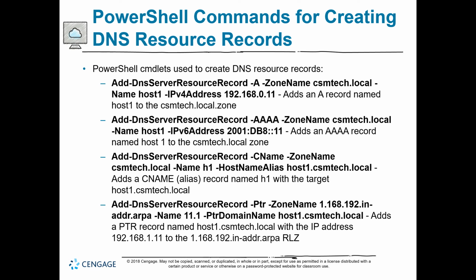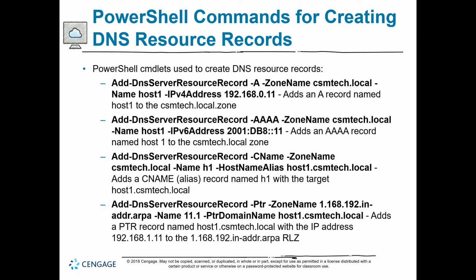Now the second one is adding a quadruple A record for an IPv6 address, so it adds your AAAA record named host1 to that same CSMTech.local, and it's an IPv6 record.